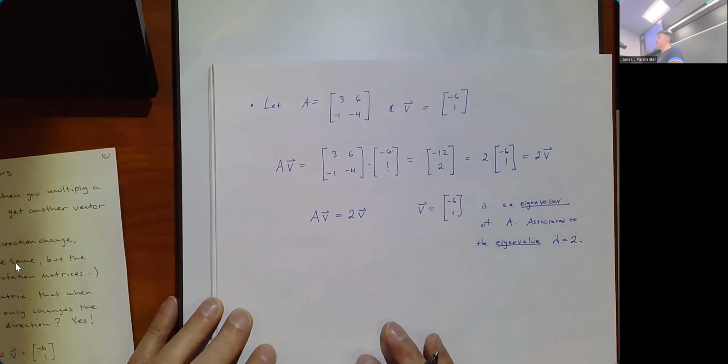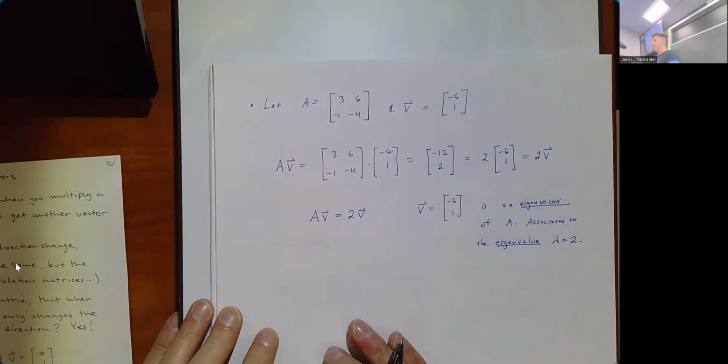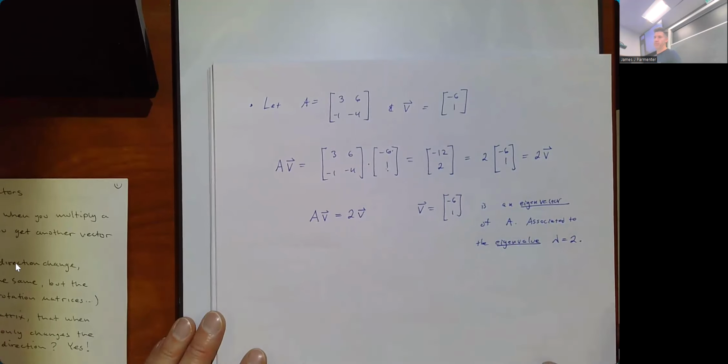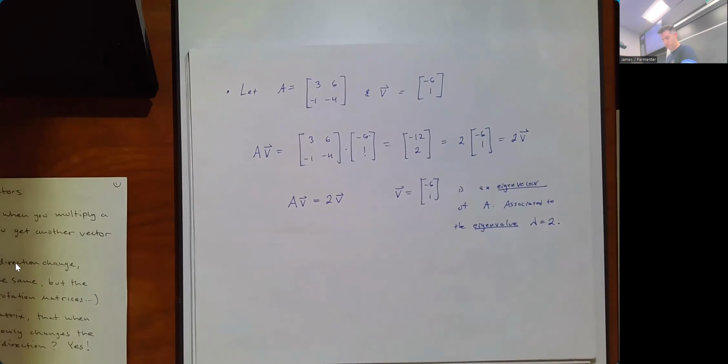Lambda is the standard choice of variable name for eigenvalues. Get used to writing it. So whenever you take a matrix and multiply it by a vector and you get back a multiple of that vector, that vector is an eigenvector, and that multiple is the eigenvalue.